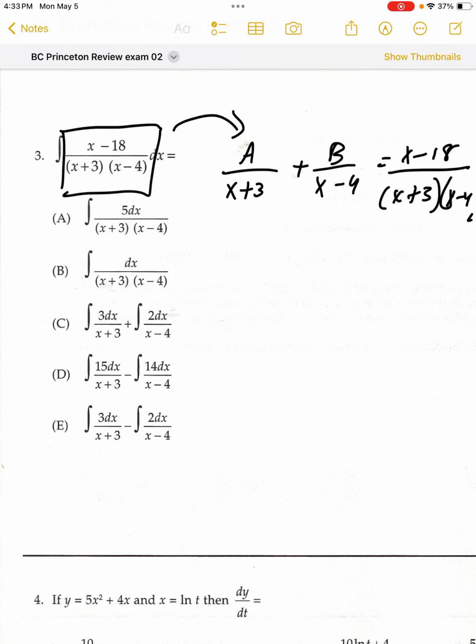Right. So now we're going to multiply both sides by the common denominator. I'm going to get a times x minus 4 plus b times x plus 3 is equal to x minus 18.